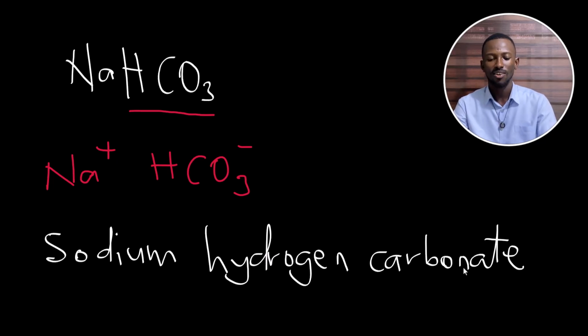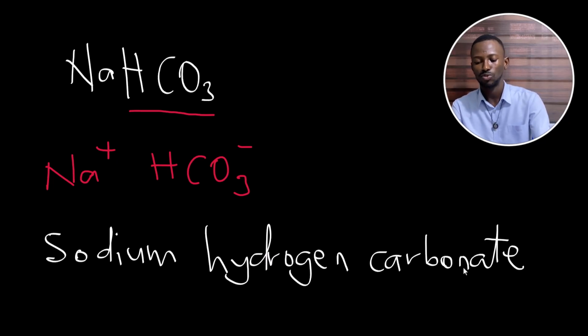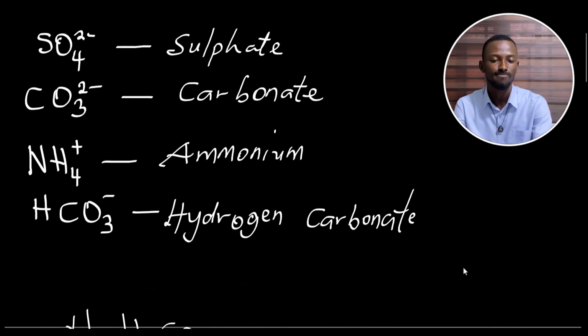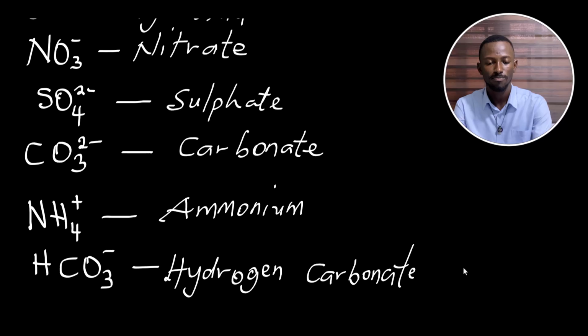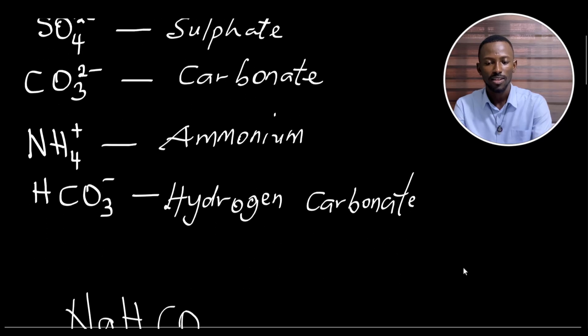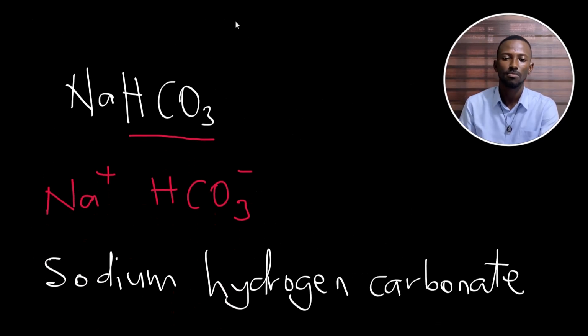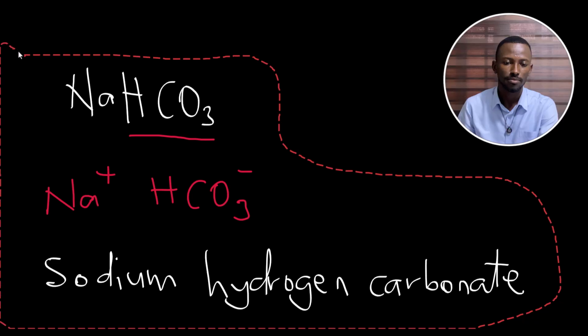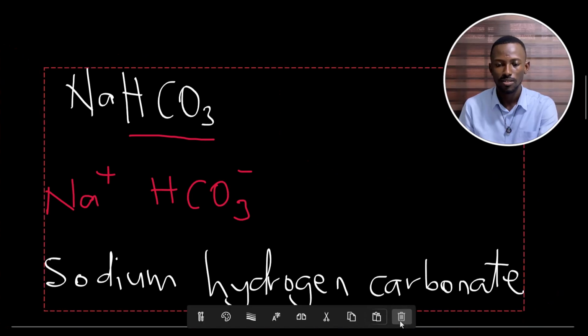So it is of utmost importance that you know the polyatomic ions, their symbols and then their names. Good. Let's pick our next example. So clear this out.